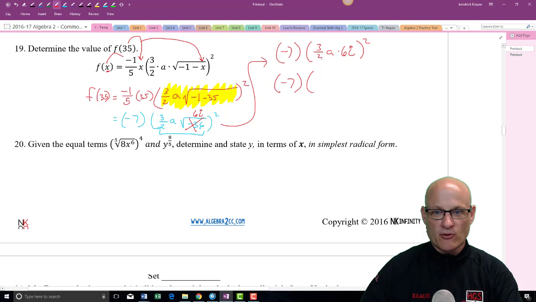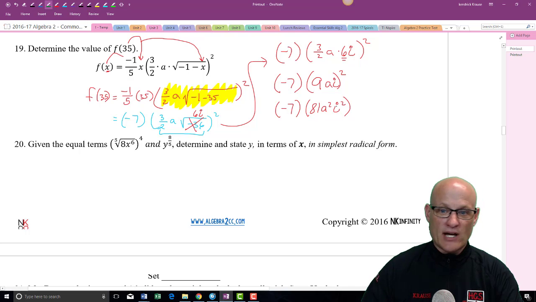Just keep it coming along for the ride. 3/2 times 6 is 9, so this is 9ai squared. Now everything on the inside gets squared, so negative 7 times 9 squared is 81. A squared, i squared. But, as everybody knows, i squared is really negative 1, so I will do that.